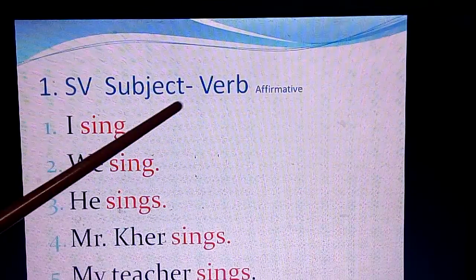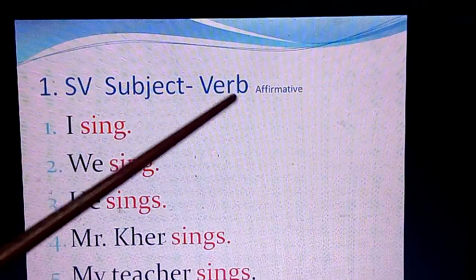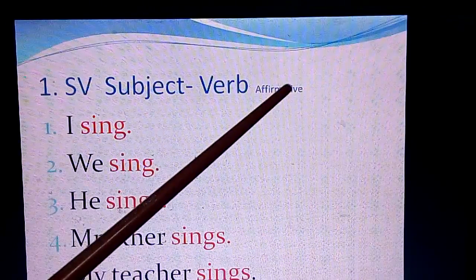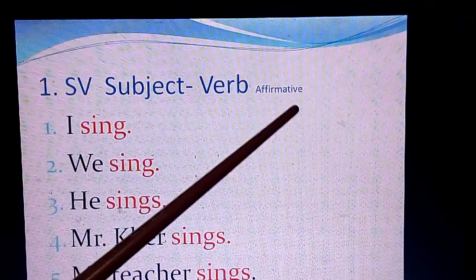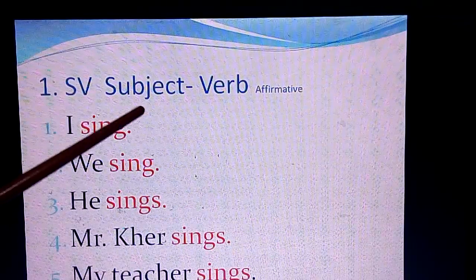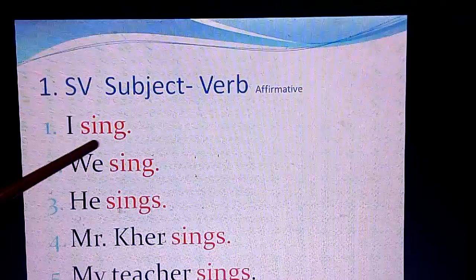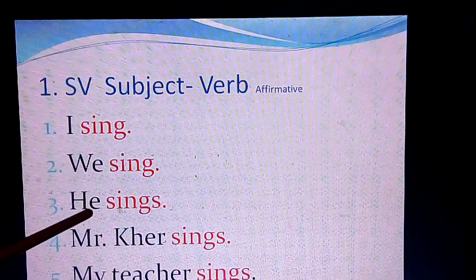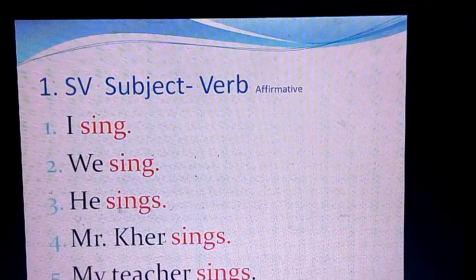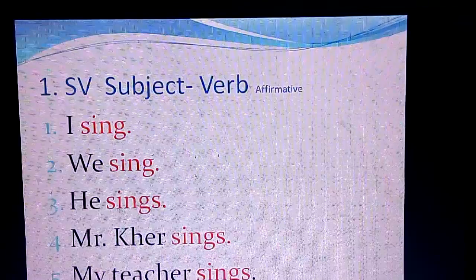Subject verb. Let us go on with the affirmative type, and that is subject verb combination. First one is I sing, we sing, he sings, Mr. Kerr sings, my teacher sings.